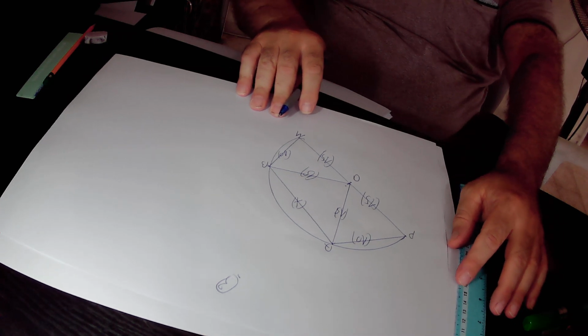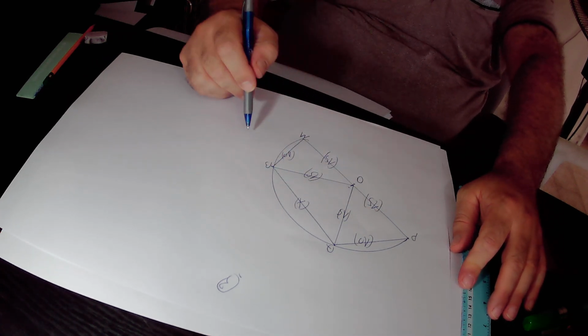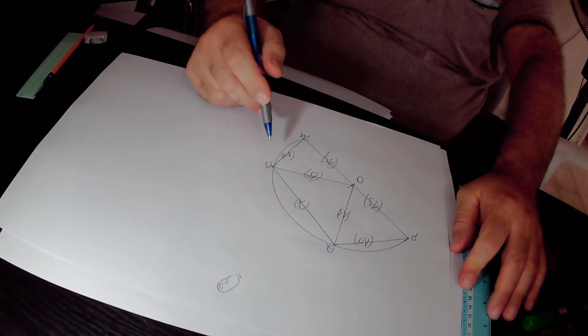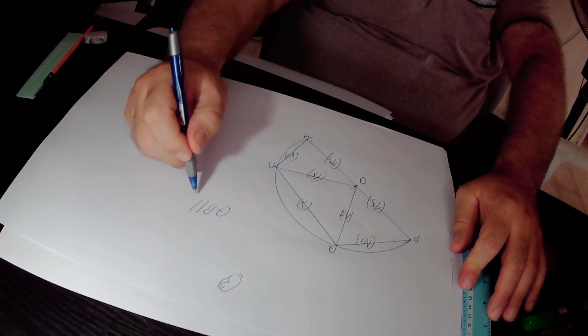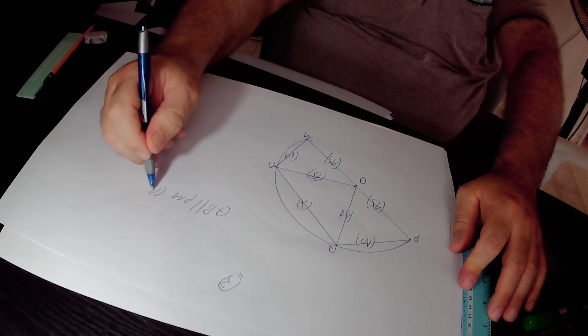We have already found out that according to rule 18, QB is parallel to PM. So I'll write it down. QB is parallel to PM according to rule 18.